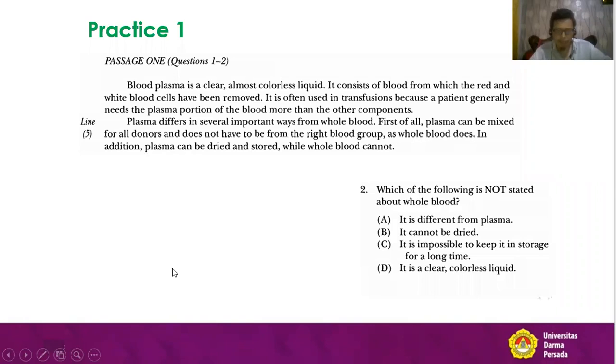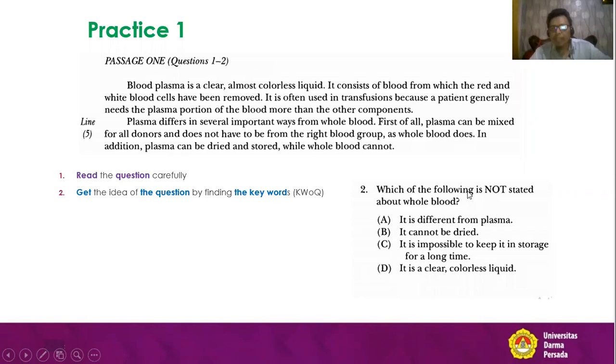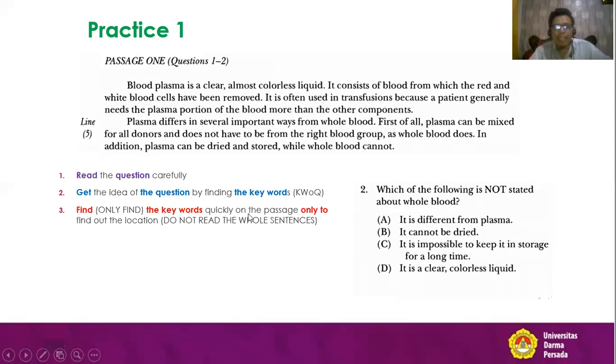Now, everybody, not stated. Read the question carefully. Get the idea of the question. The idea of the question is the whole blood, not stated. Find the keywords, only the line, only the location.